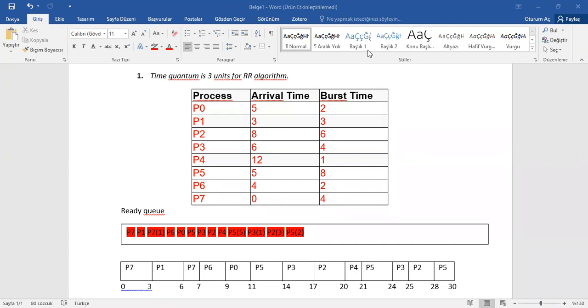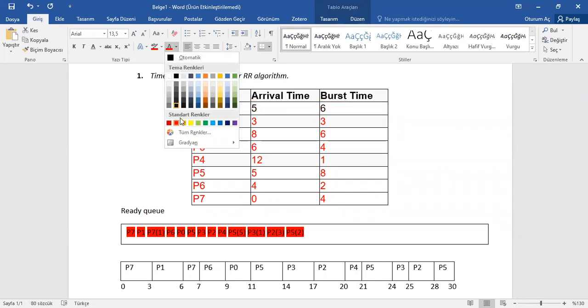Sir, I would like to ask something. You have to assume process 0 arrival time is 5. Burst time is 6. Now, it's an example I'm giving. Process 0 has arrival time 5, burst time 6. Now, process 1 arrival time is 5, burst time is 2.